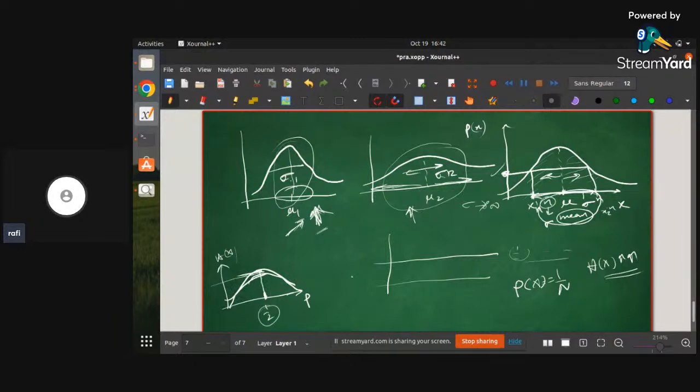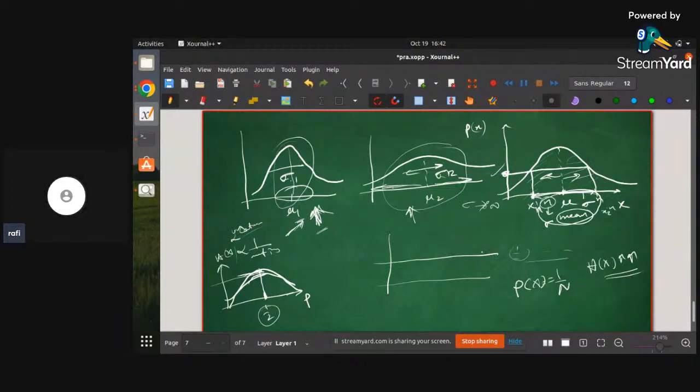Maximum entropy means maximum uncertainty, because it is a measure of information. It is inversely proportional to the information known to us. Entropy is inversely proportional to the amount of information, or directly proportional to the uncertainty.